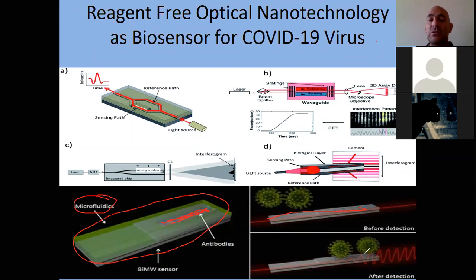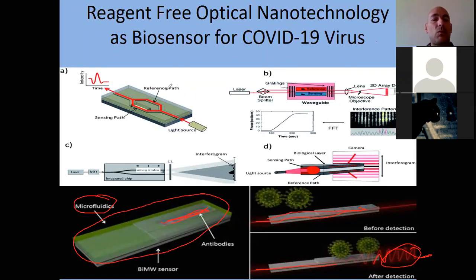And when this happens, you can shine light and it can affect the phase of the light. And because of the change of the phase of the light, you can actually detect if there is a presence or not of the COVID-19 in the blood without using reagent.